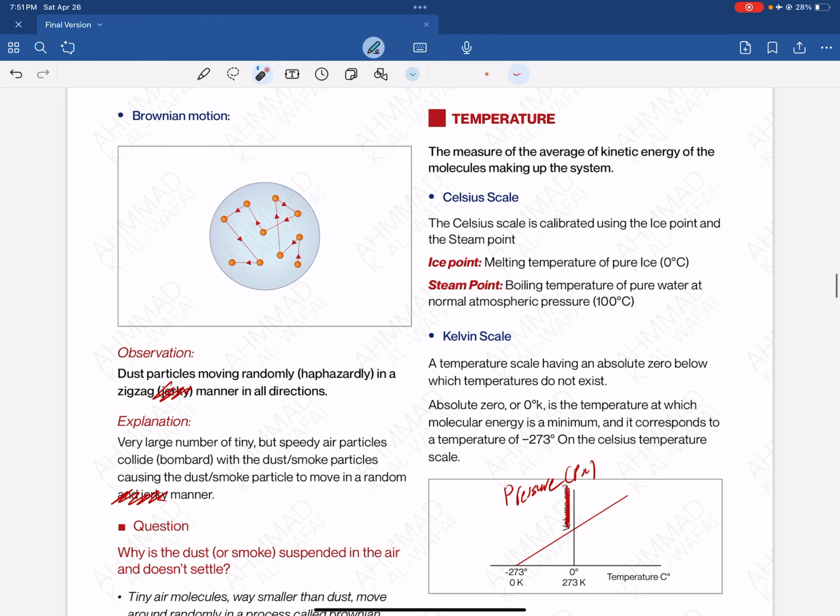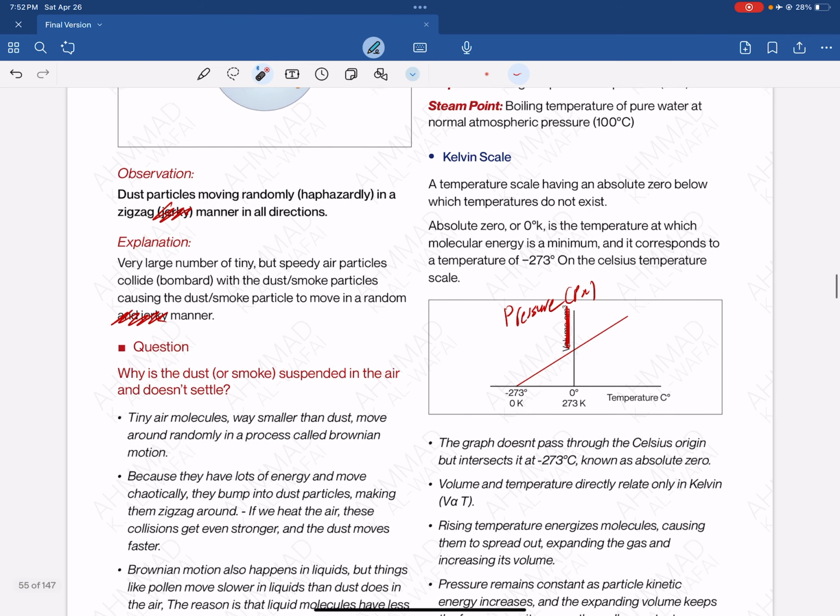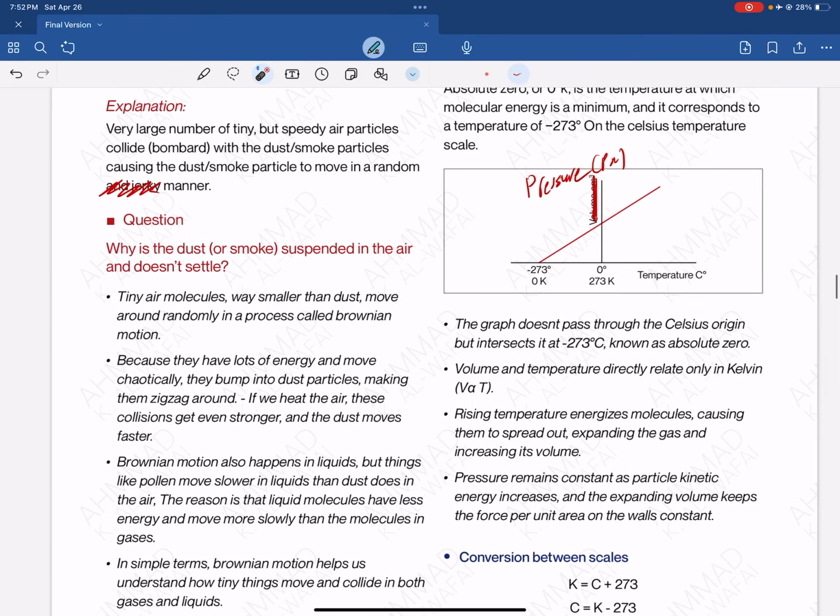They can also provide you with a microscope looking into a liquid with some pollen grains, and these microscopic pollen grains are being hit by the water molecules. You cannot see the water molecules, of course, so these water molecules hit the pollen grains and make them move in a random zigzag motion. Okay, so that's the main idea of Brownian motion.